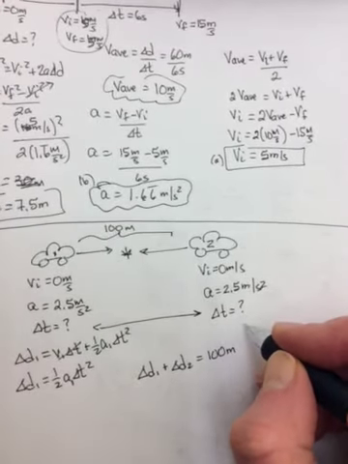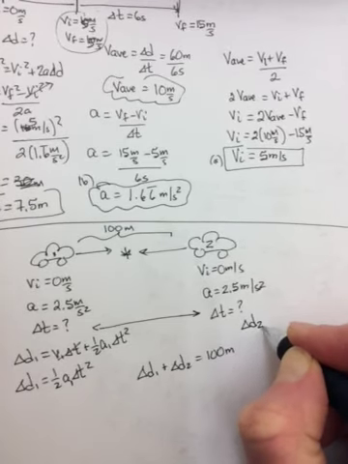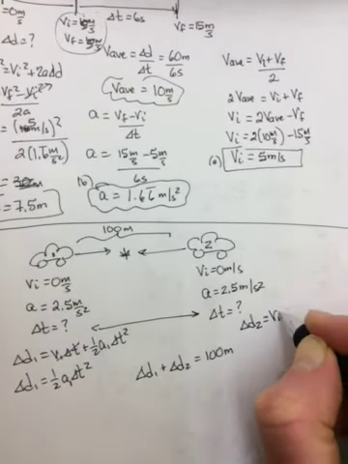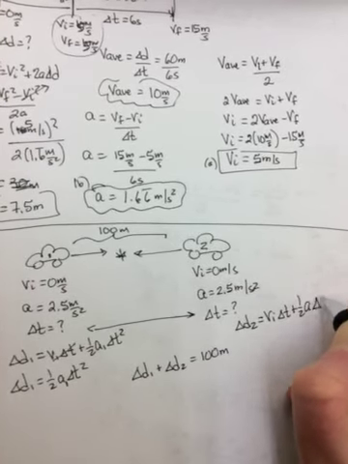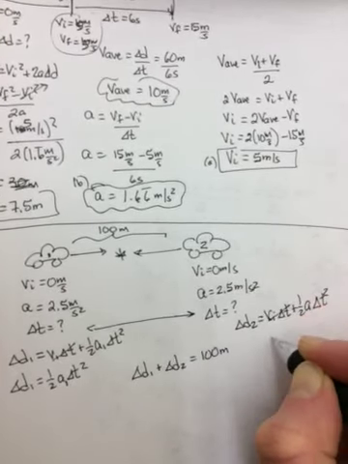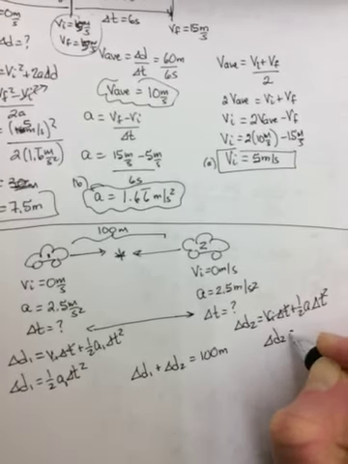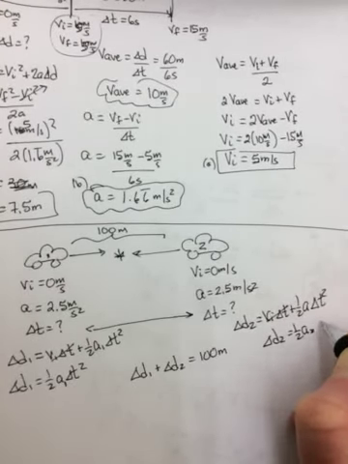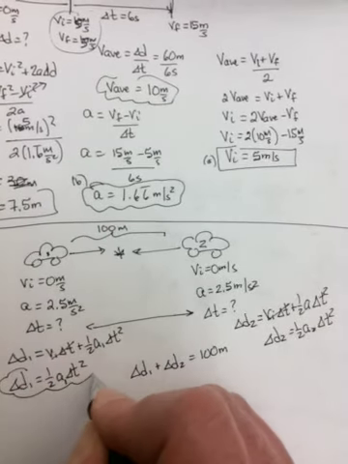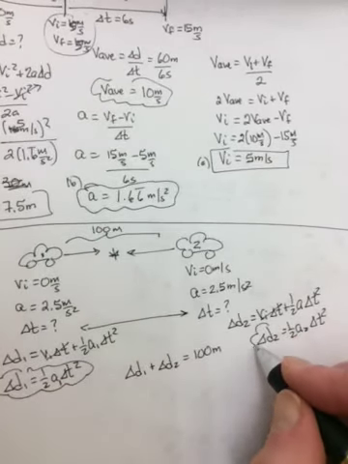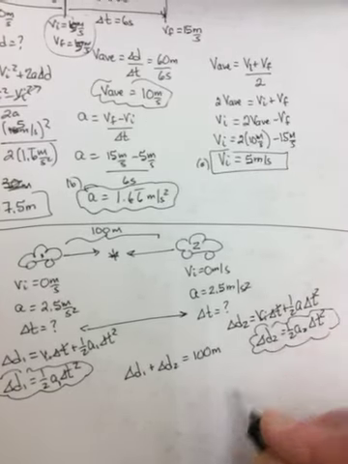So if I go over here, I could do the same thing for delta D2, VI delta T plus 1/2 A delta T squared. The VI is 0. So D2 is equal to 1/2 A2 delta T squared. And again, just like in the delta D1 equation, in the delta D2 equation, I have two unknowns.